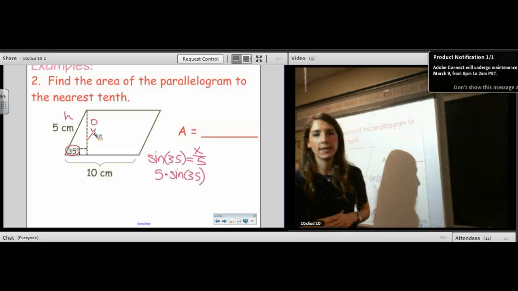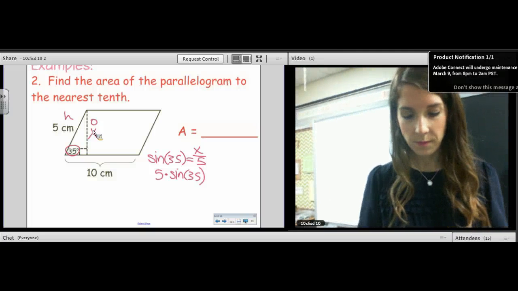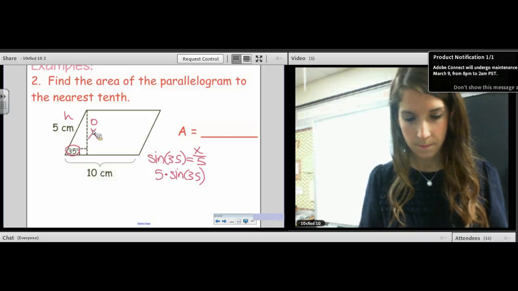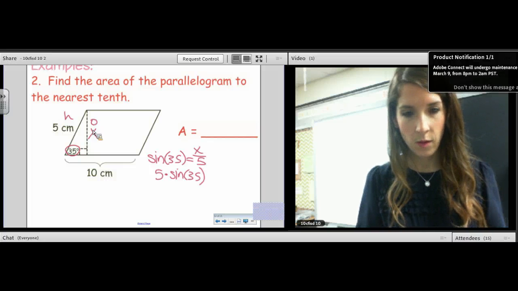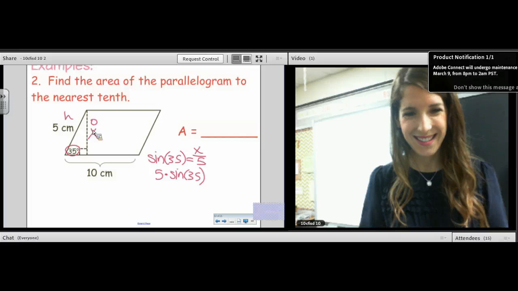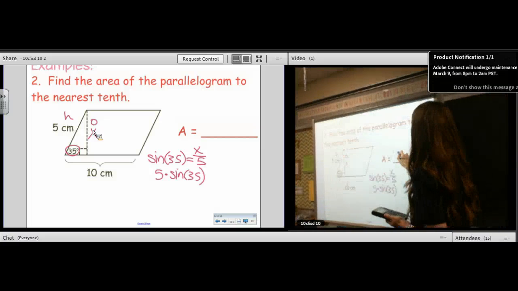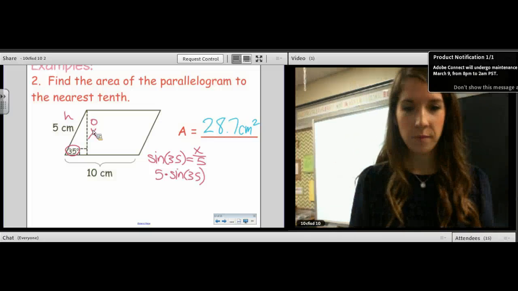And we know the area is base times height. Ready, Minjung? Everyone in degree mode on your calculator? Round to the nearest tenth. 28.7 centimeters squared. Cool. Moving on.